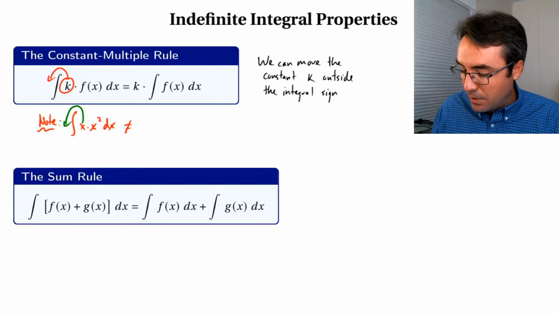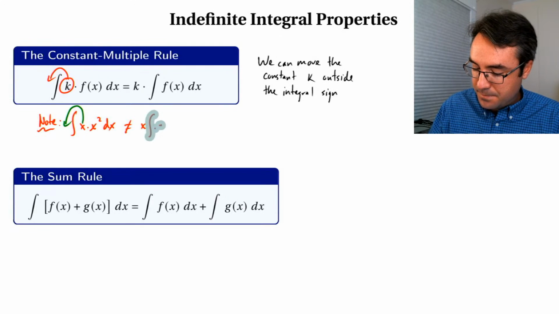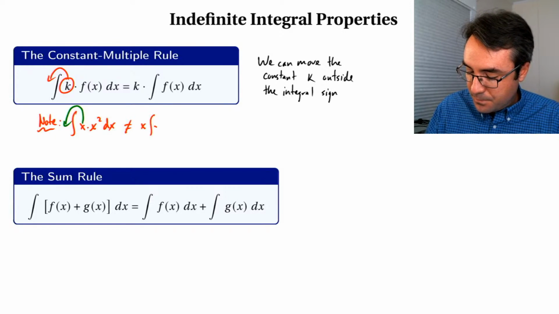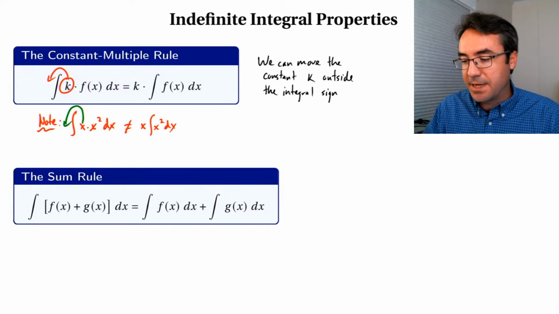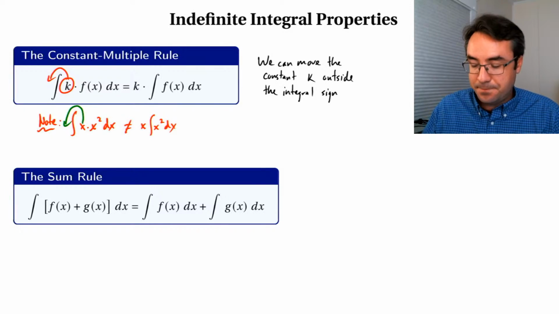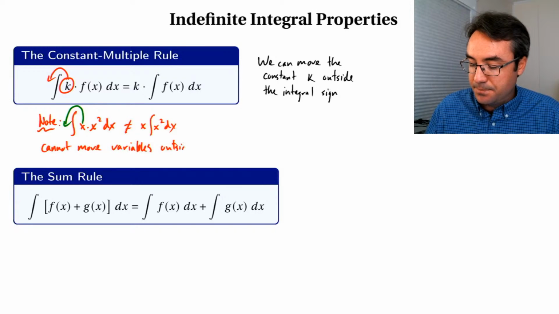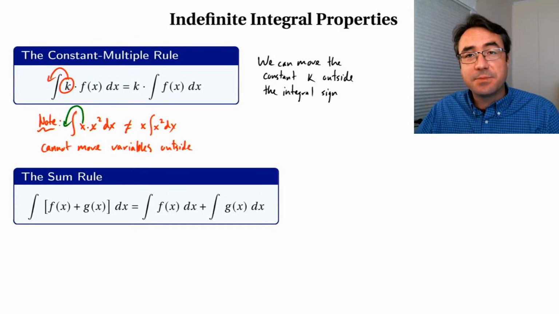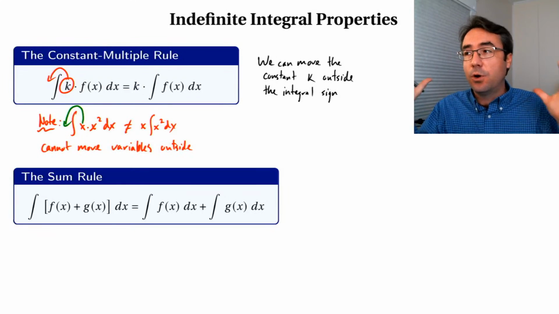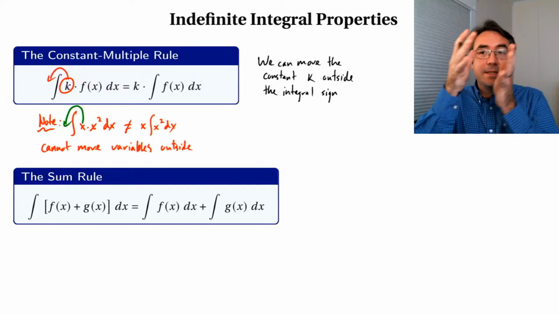So it doesn't equal that. You can't move any of those variables outside. Doesn't work. Only constant terms. And it has to be a constant multiple. So if we're adding a constant that's by itself, that's a different story. This is only for a constant times a variable.